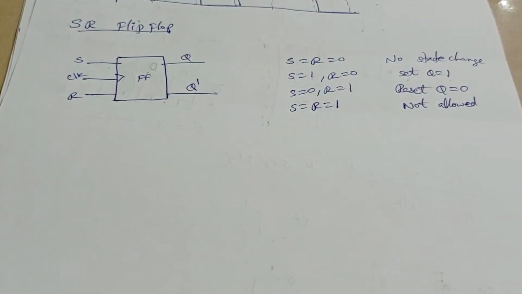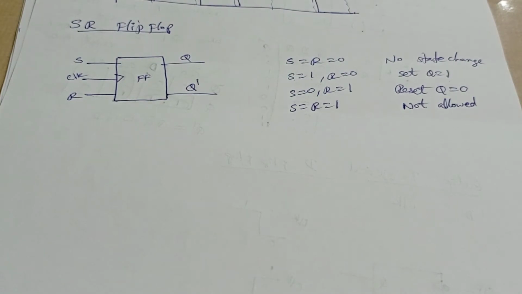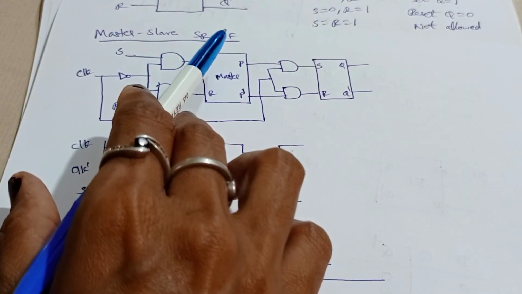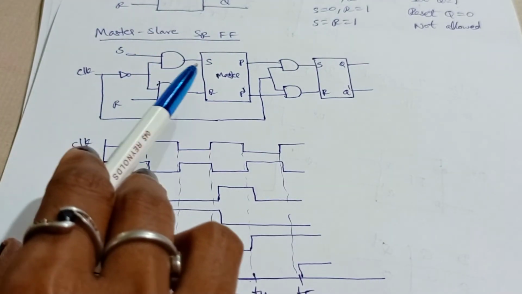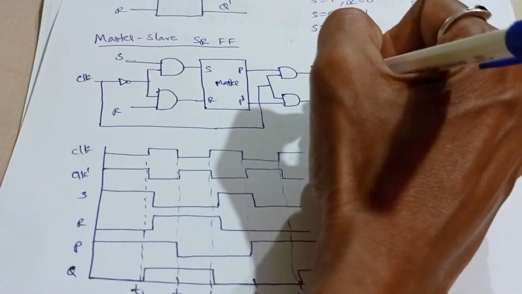Now we'll see the construction of the SR master slave flip-flop. Here it is constructed using SR latches and gates. The master slave SR flip-flop is constructed from two SR latches, master and slave, and gates.